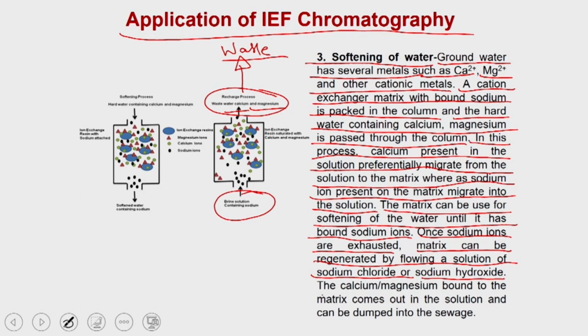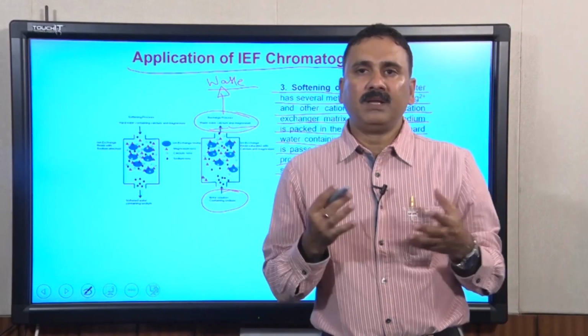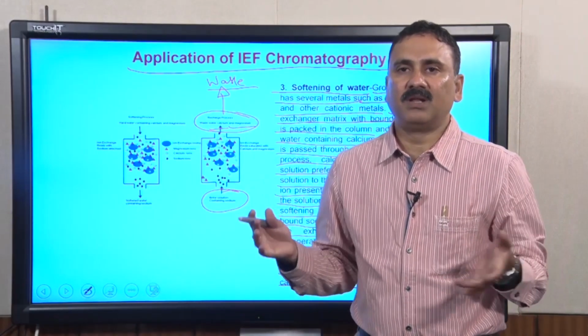So, the calcium or magnesium bound to the matrix comes out in the solution and can be dumped into the sewage. That is how you remove the heavy metals or the other contaminating metals from the water.